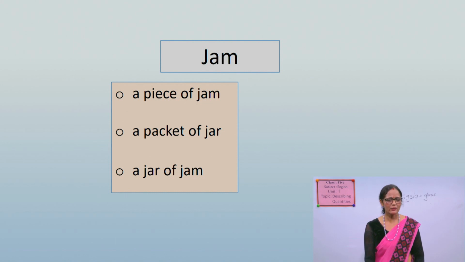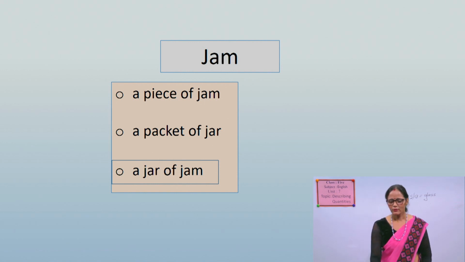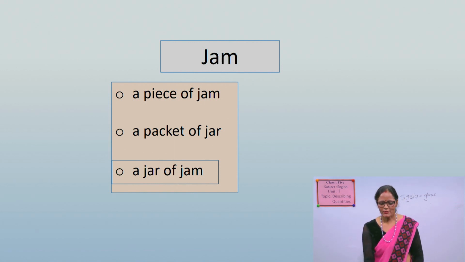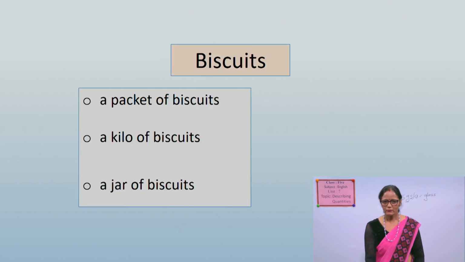How do you measure jam? A piece of jam, a packet of jar, a jar of jam. Which one? A jar of? Let's check. Yes. You are the smart students. You have done well.